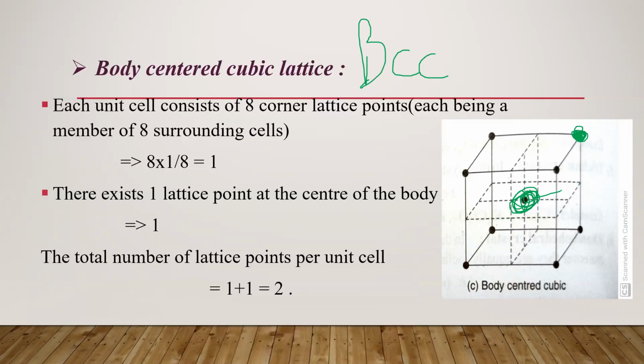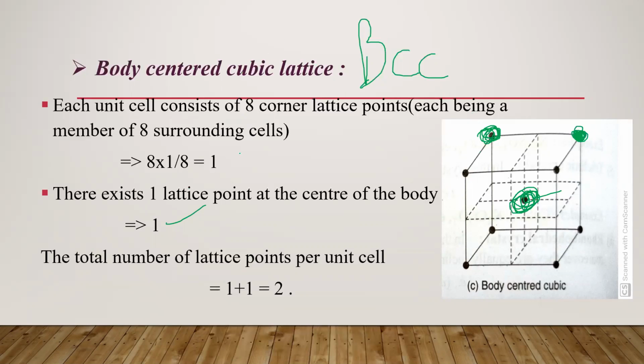Hence, this can be treated as 1 lattice point per unit cell, and again the same as before, 8 lattice points we have at 8 corners of the cube, each shared among 8 surrounding unit cells. That is the reason 8 into 1 by 8 we get 1, and the body-centered atom will be 1.